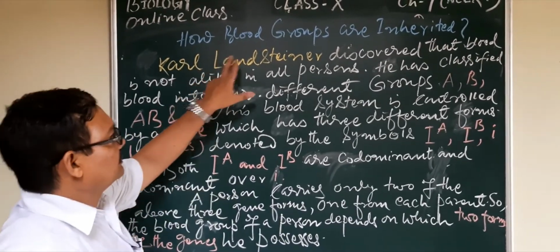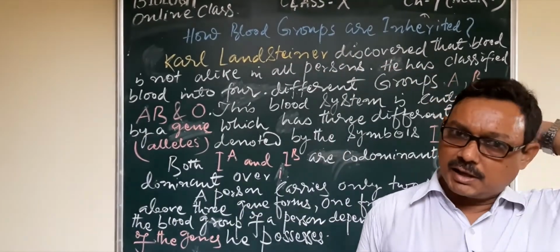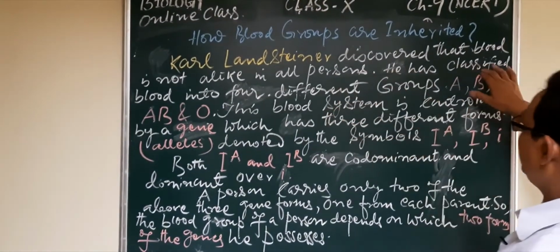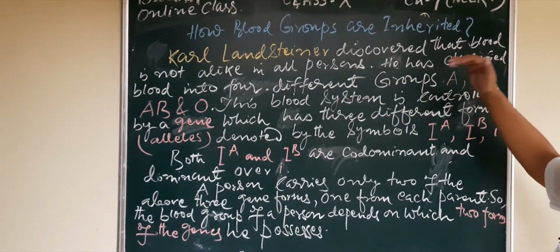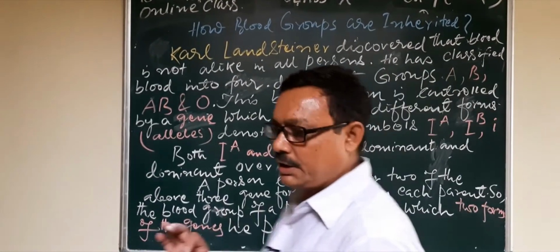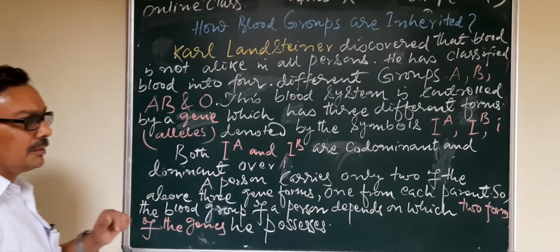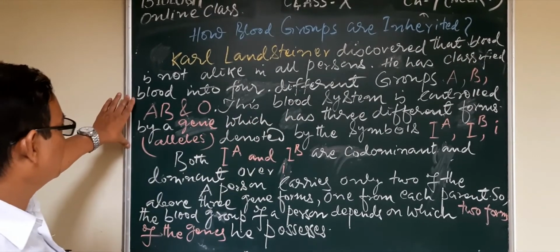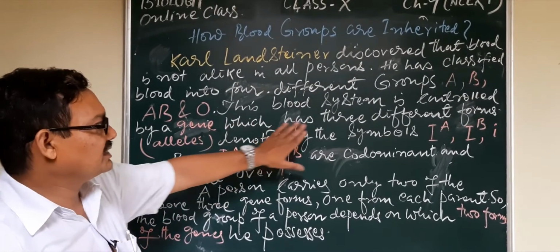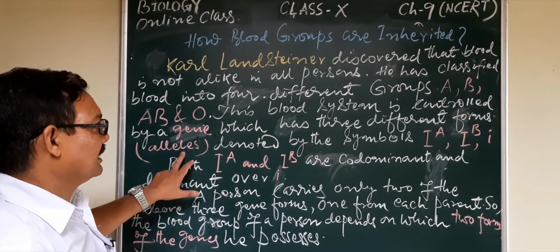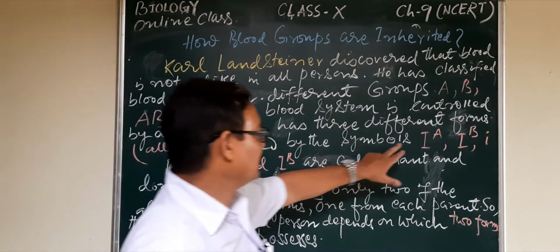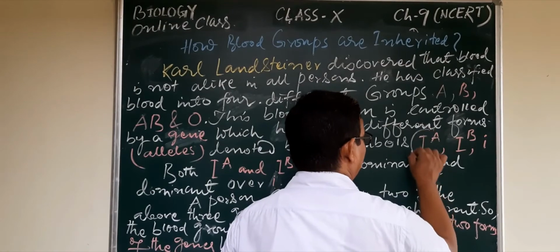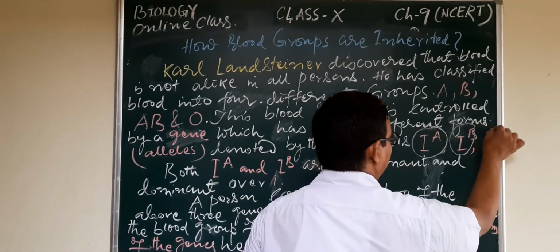Karl Landsteiner was the first who discovered the blood groups. He told that blood is not alike in all persons. He has classified blood into 4 different groups: blood group A, blood group B, blood group AB, and O. This blood system is controlled by a gene which has 3 different forms, alleles, denoted by the symbols IA, IB and small i.